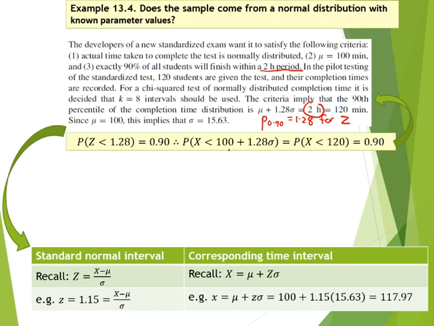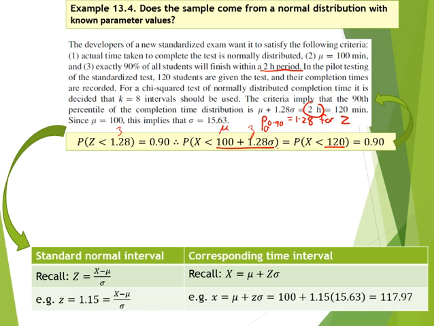So that's what we have here. That's your mu plus the Z from here, Z sigma. But sigma is not given, but we're given that X must be less than 120, less than 2 hours. So this relation, 100 plus 1.28 sigma must be equal to 120, yields that sigma is 15.63. If you set this underlined here in red equal to 120, you get that sigma must be 15.63.